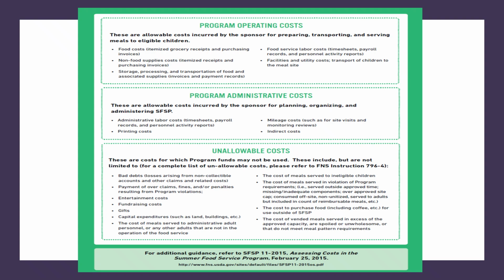Program administrative costs. These are allowable costs incurred by the sponsor for planning, organizing, and administrating SFSP. Administrative labor costs, printing costs, mileage costs, and indirect costs.